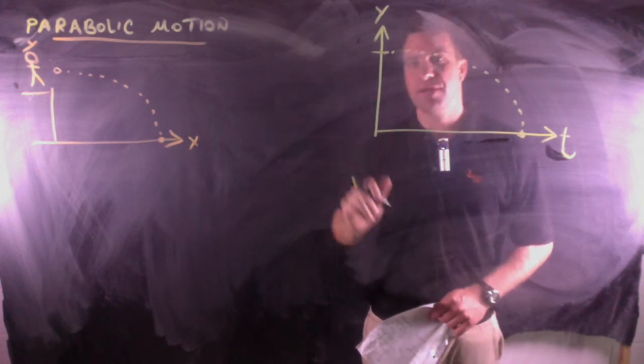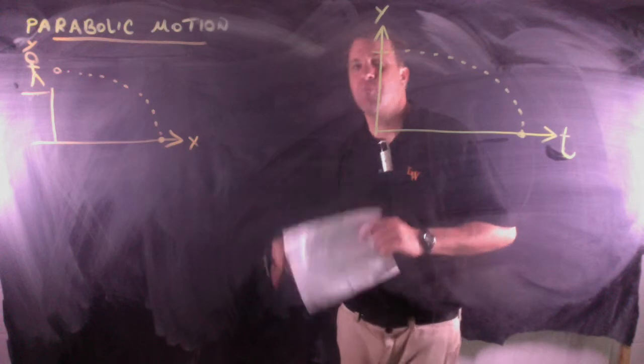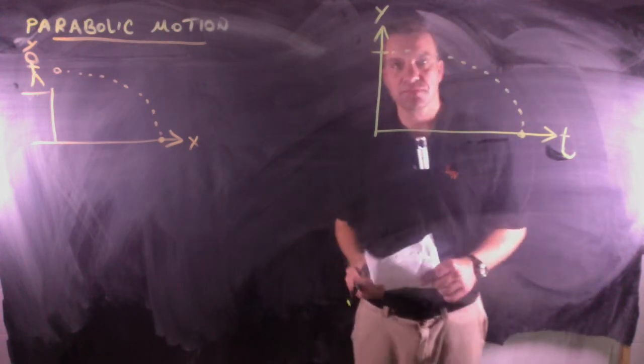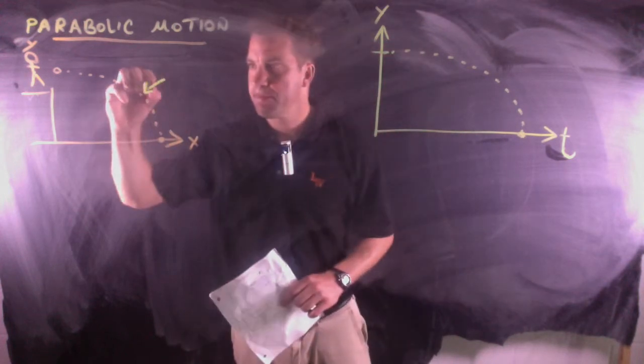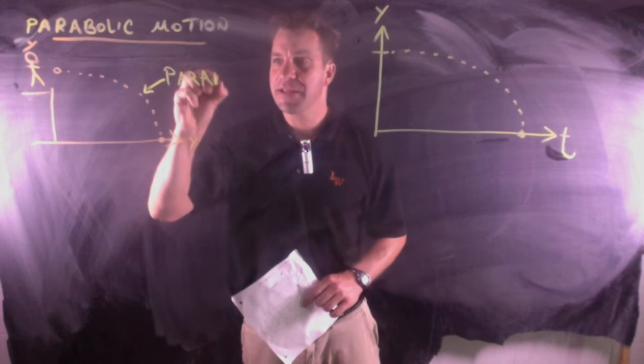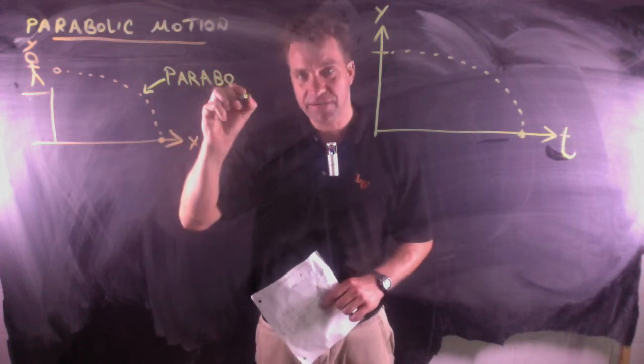It is a parabola. They said that it was a parabola. Why is this also a parabola? Because the kinematic equation has t squared in it. Let's solve that kinematic equation.